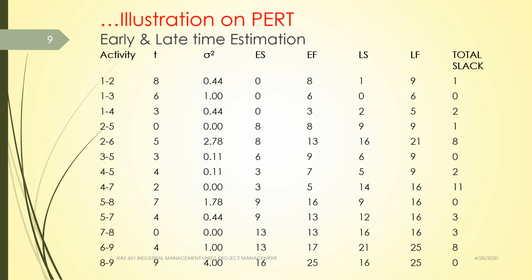LST can be calculated as LFT minus t_ij, that is, latest finish time minus the time taken to complete the activity from i to j. Next is slack or free slack or free float. This we can calculate by using the formula that was also provided to you in the last slide, in our last question.